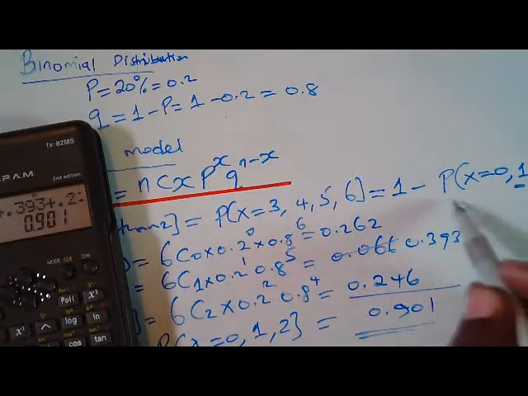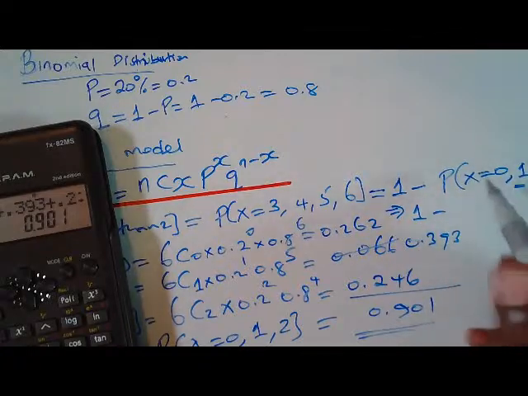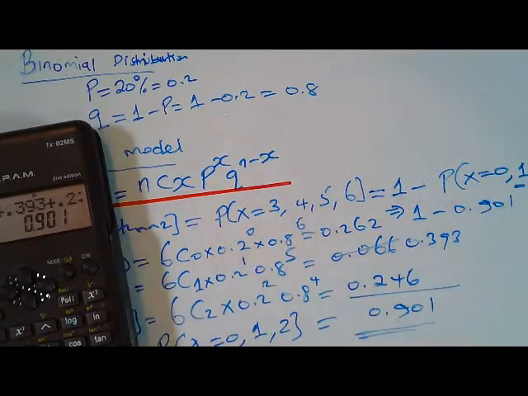After I get that, remember what this examiner wanted me to do is to come and talk of 1 minus this consolidated 0.901. So we have here 1 minus answer, which gives us 0.099, like that. So once I get this 0.099, that is it. That marks the end of Roman 1 of the question.